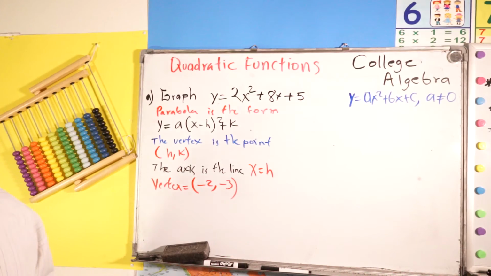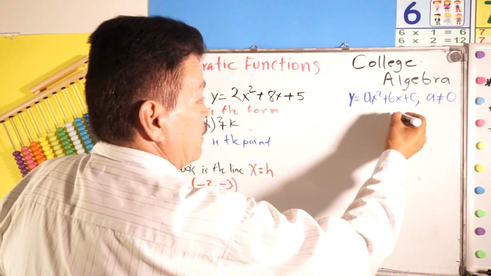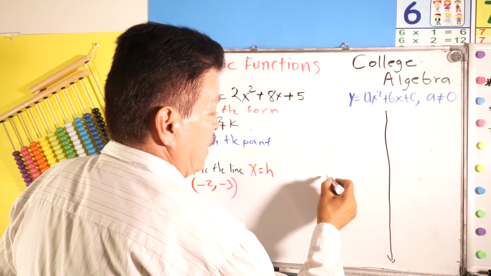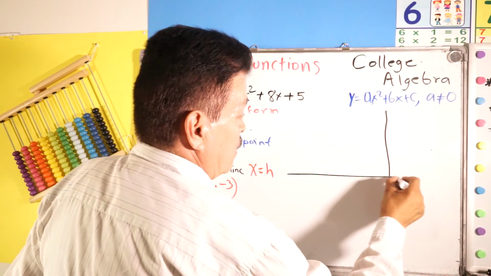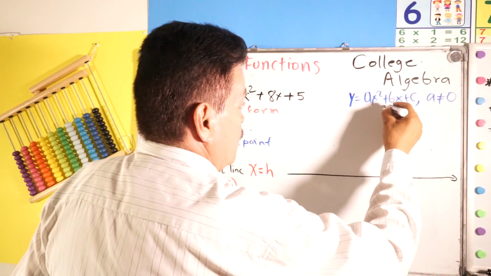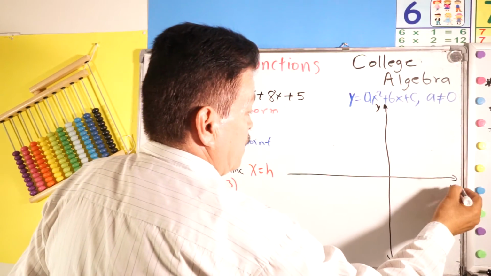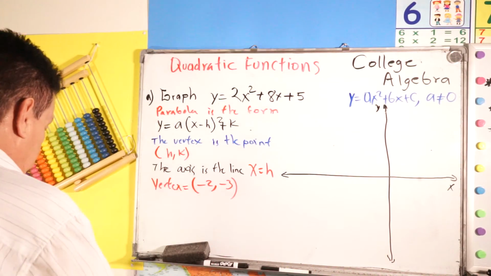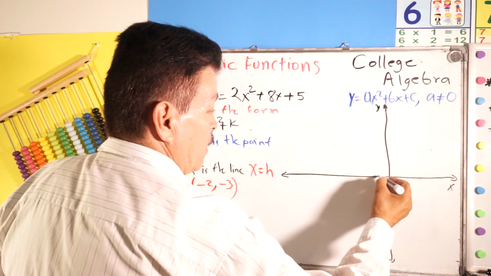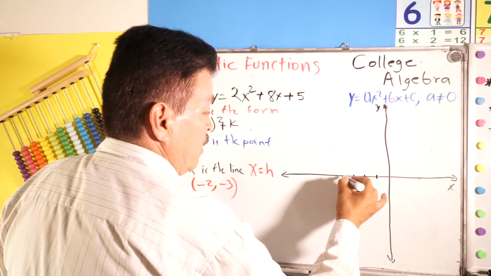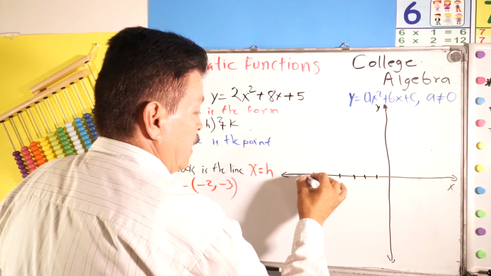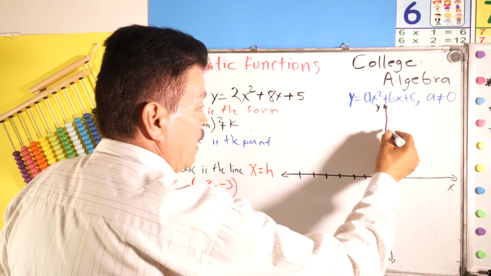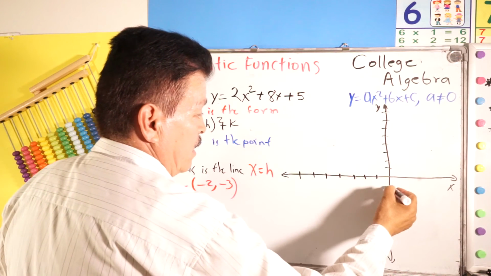So now let me make the picture, the graph, right here. How does the graph look? This is y, this is x, like this. 1, 2, 3, 4, 5, 6, 7, and so on, some points.